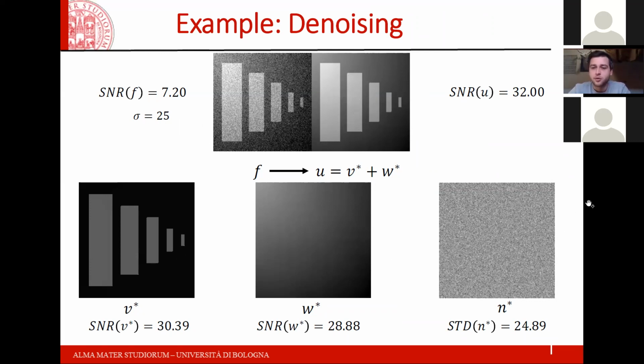What is really interesting is that the G-norm can handle the noise component quite well, since the estimated standard deviation for this component N is really close to the original standard deviation that we have applied.